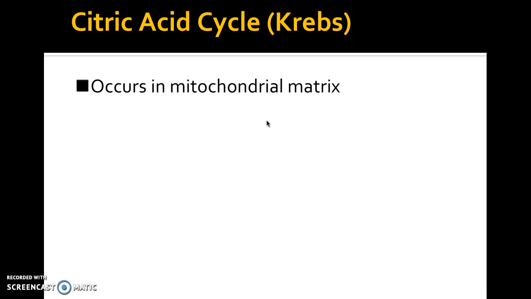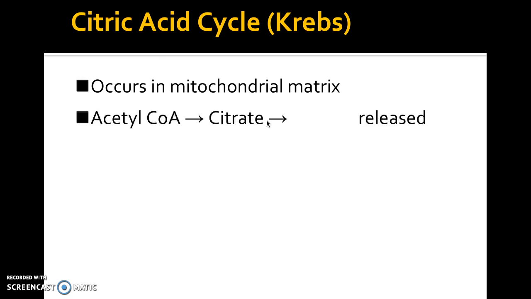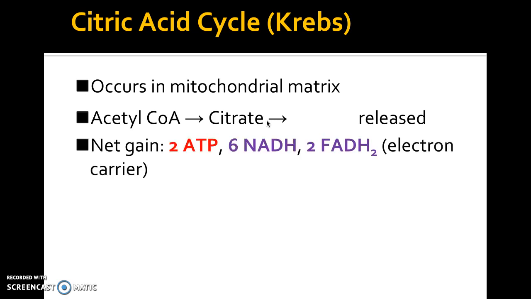Acetyl-CoA is going to turn into another carbon molecule called citrate, where carbon dioxide will be released as well. Our overall net gain from the citric acid cycle is ATP.